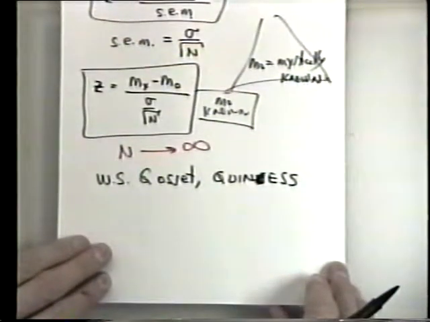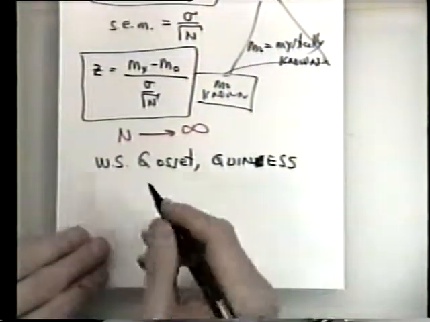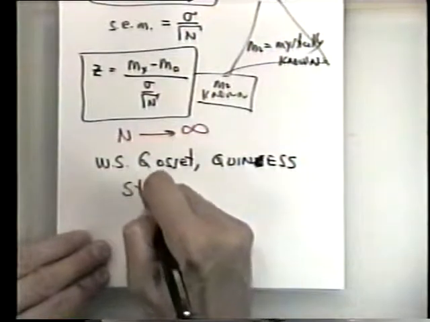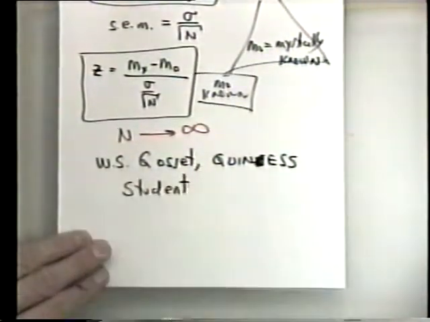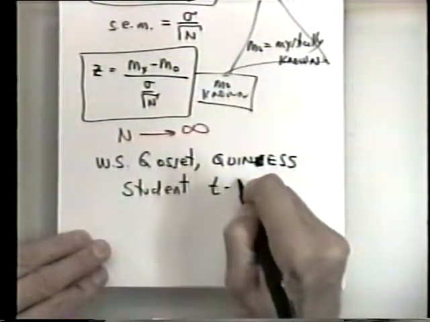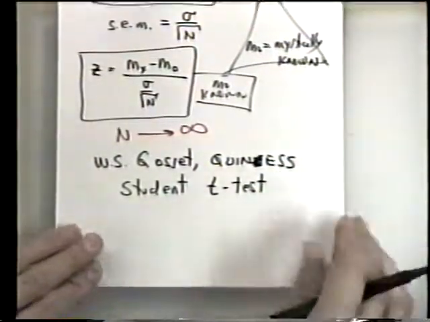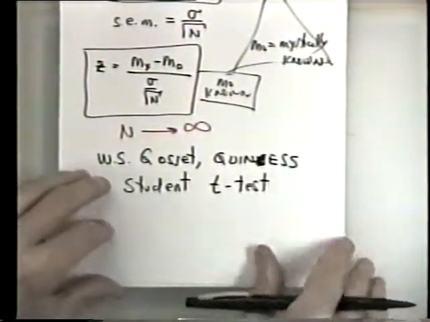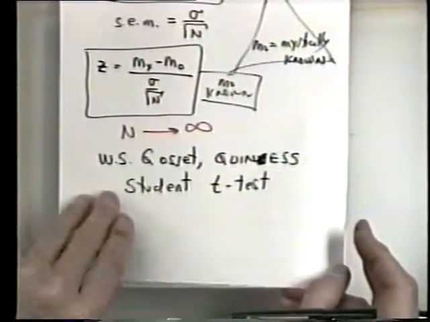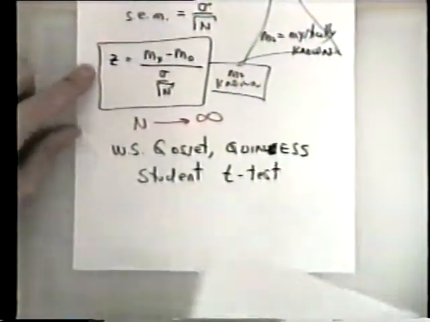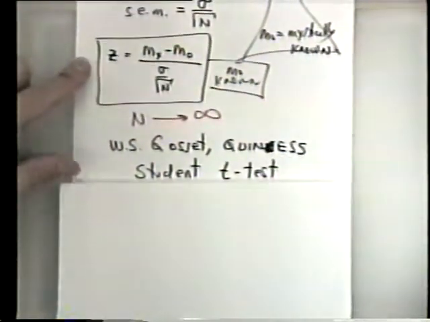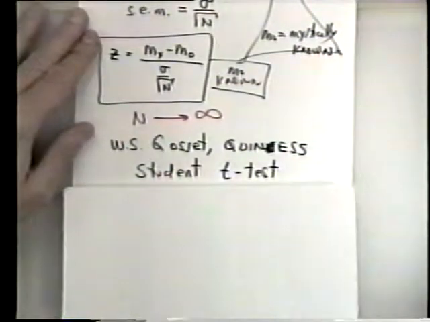three S's. Okay. He wrote under the name of Student and developed something called a t-test. Basically what Gossett did was to show that this z statistic is not valid when n is less than infinity.